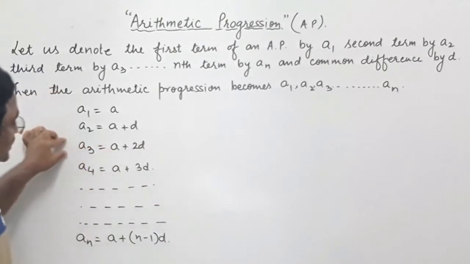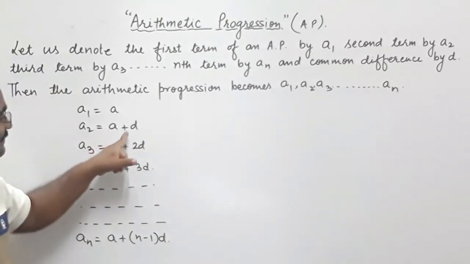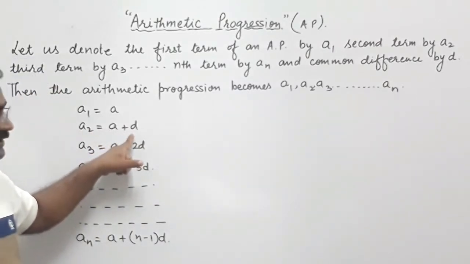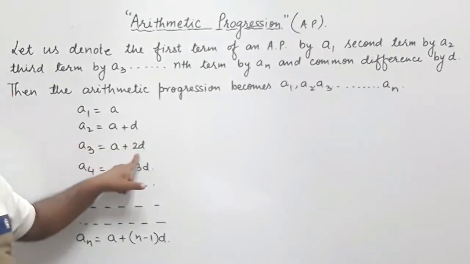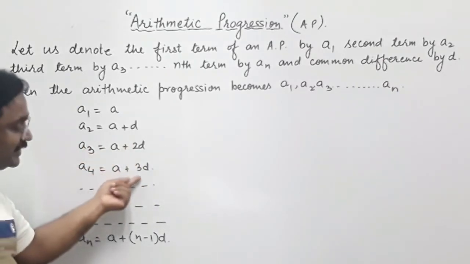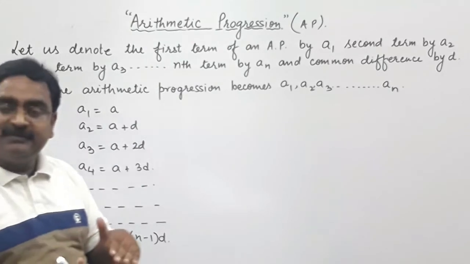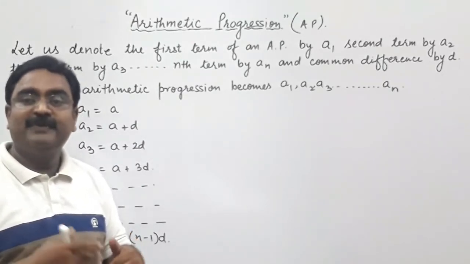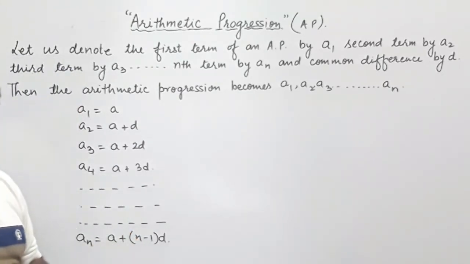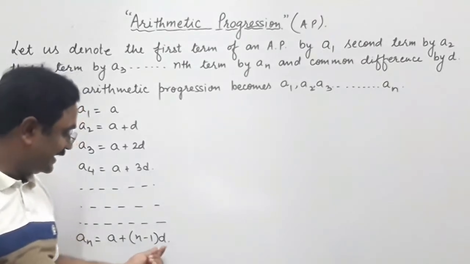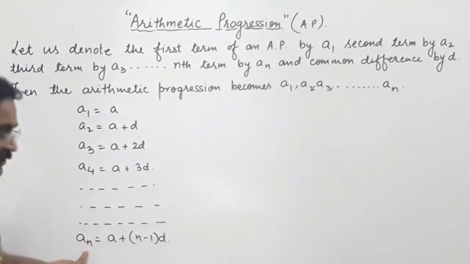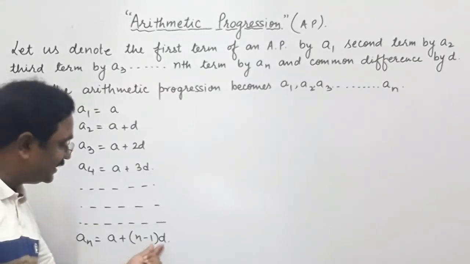In the second term 1d is added, in the third term 2d is added, in the fourth term 3d is added. It means the term which you are going to find has one less common difference in the value. So its general term An can be written as a plus (n minus 1) into d.